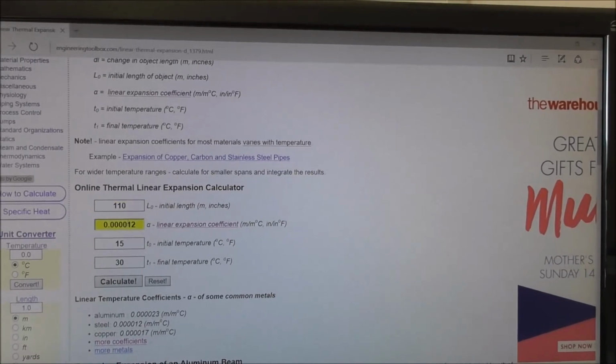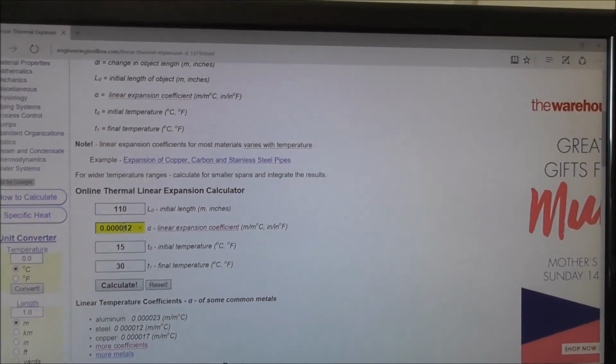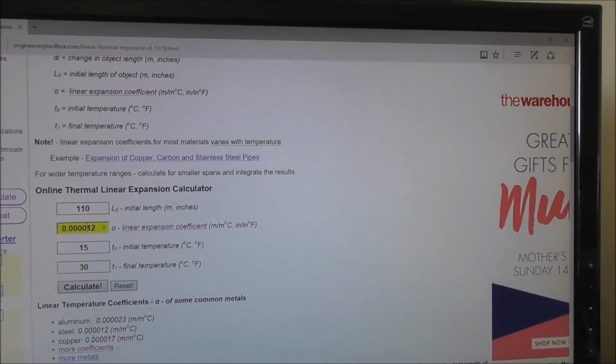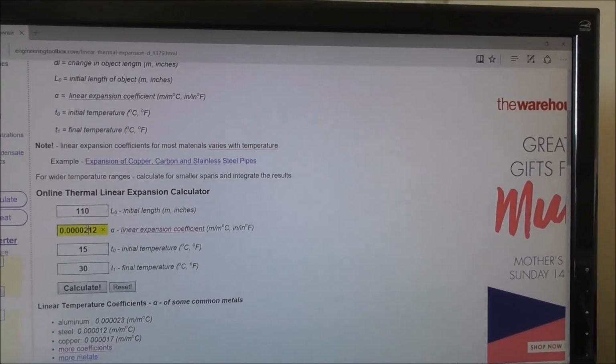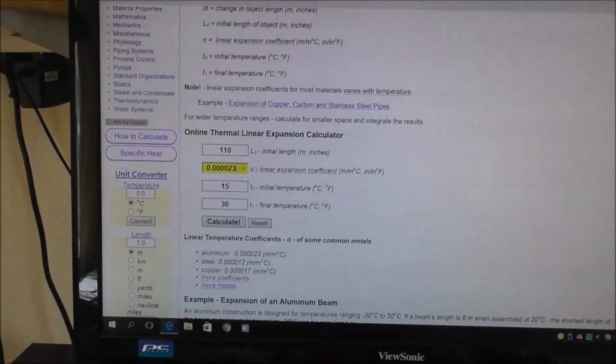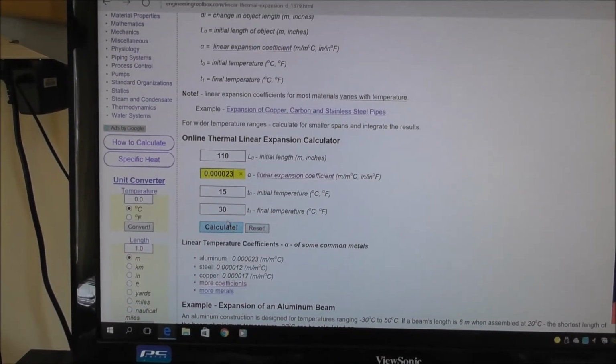Let's enter in the correct amount now for aluminium. 0.000023. So it's almost double, isn't it? Calculate.